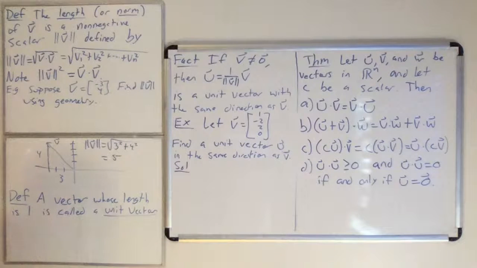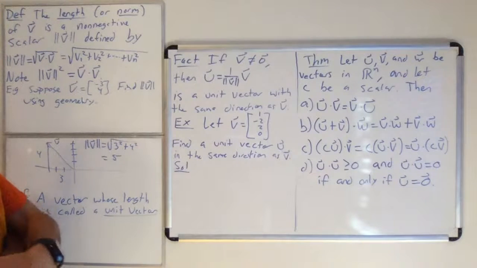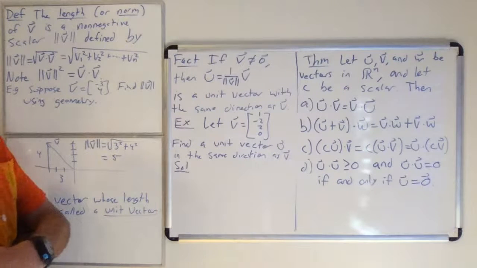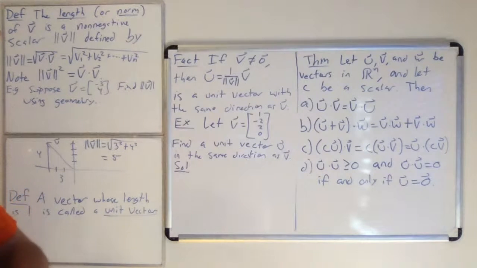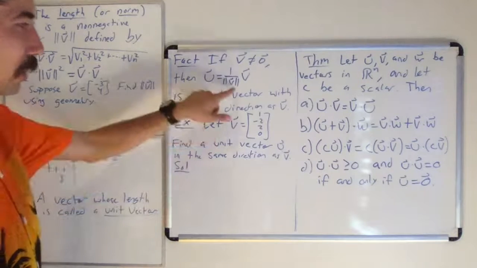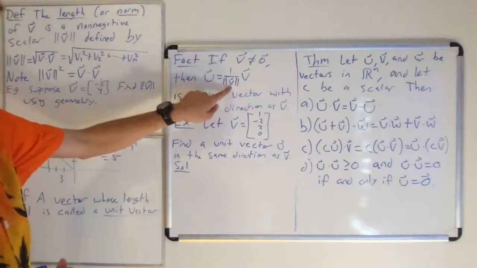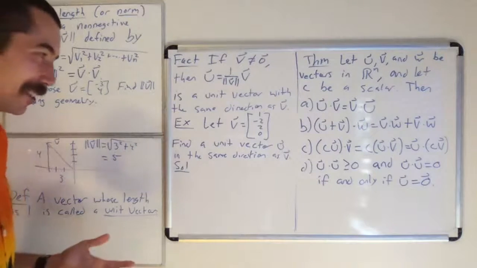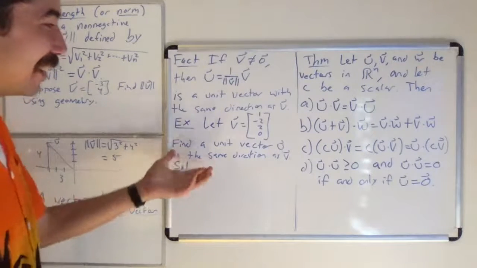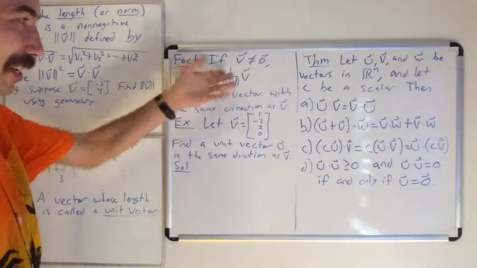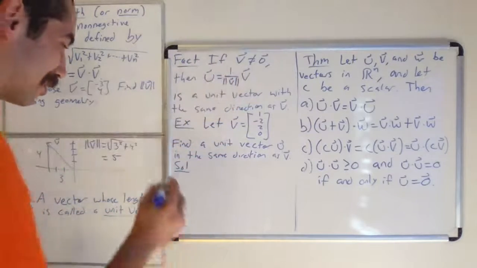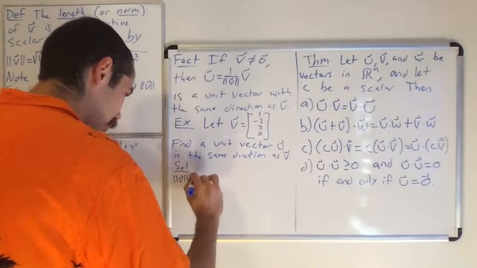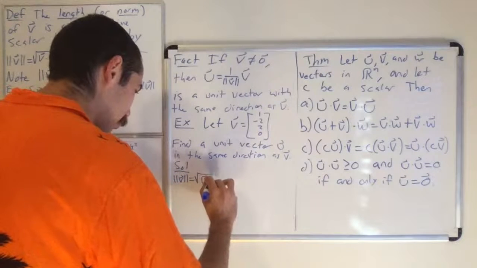Okay, so we want to find a unit vector u in the same direction as v. You get the vector v divided by 3. Yeah, exactly. So what we want to do is first let's find the length of v, and that's basically the entire question. So let's find the length of v, and then we could just write it like this. The length of v is equal to the square root of v dotted with itself.